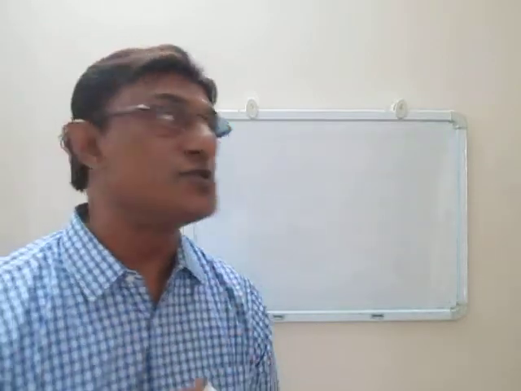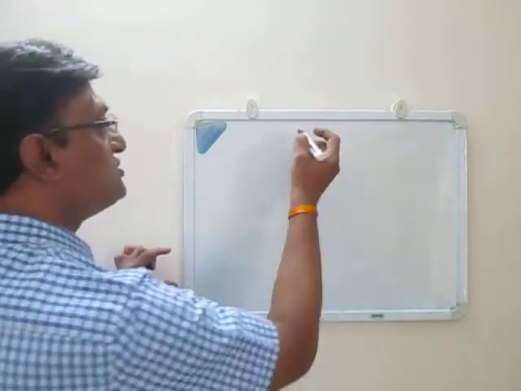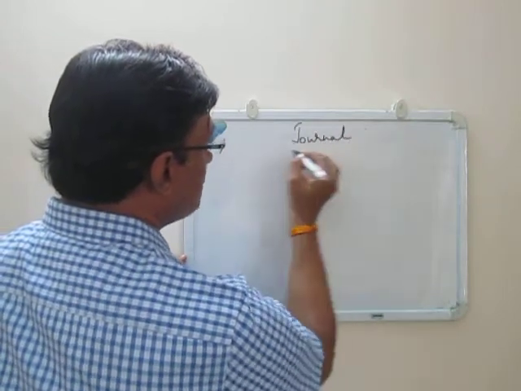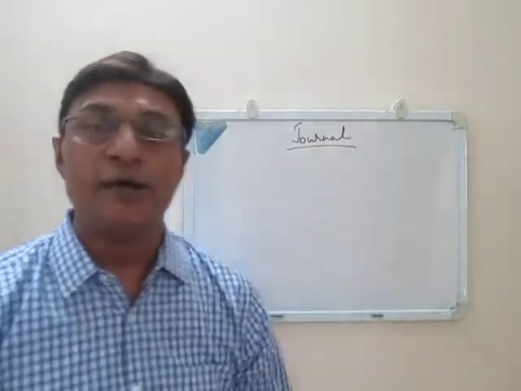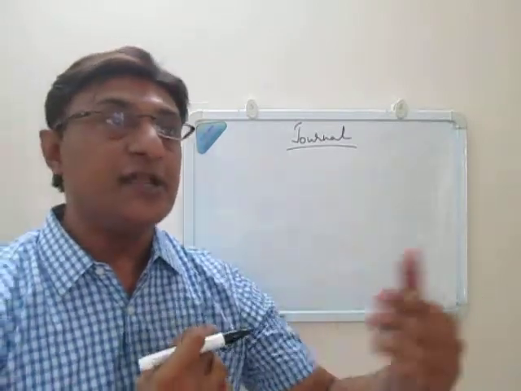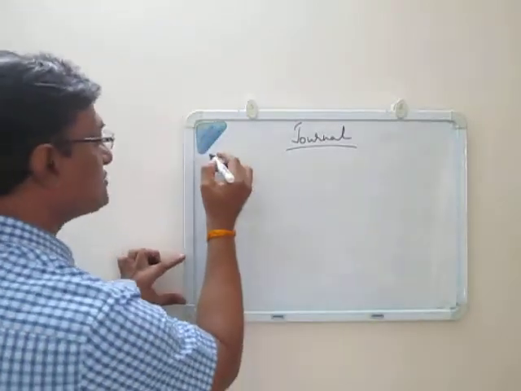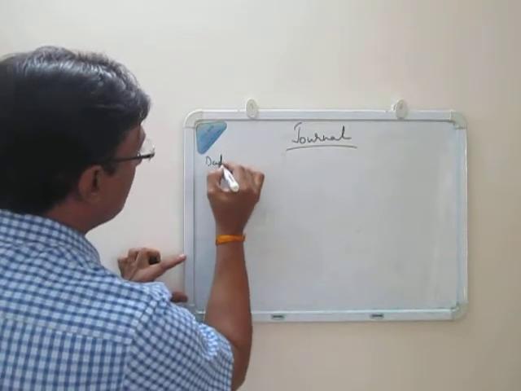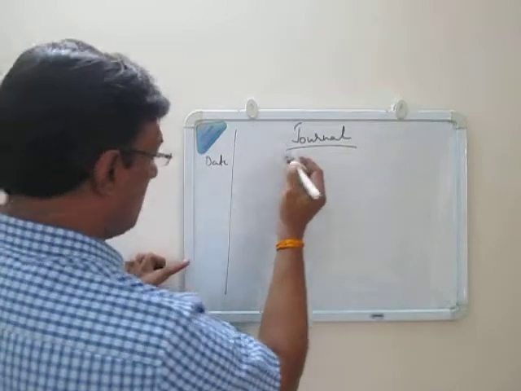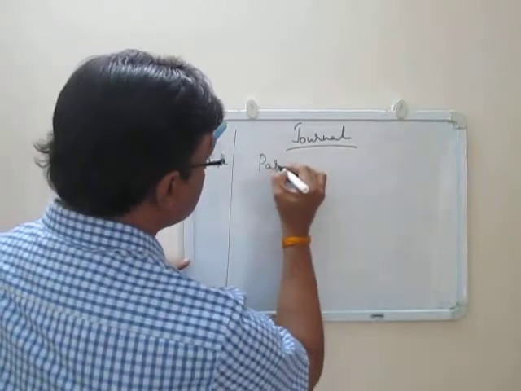So we now come to the format by which a journal is prepared. A journal is typically the first book of account. A journal is formatted in a manner in which the date appears first. Put down the date. Put down the particulars next.